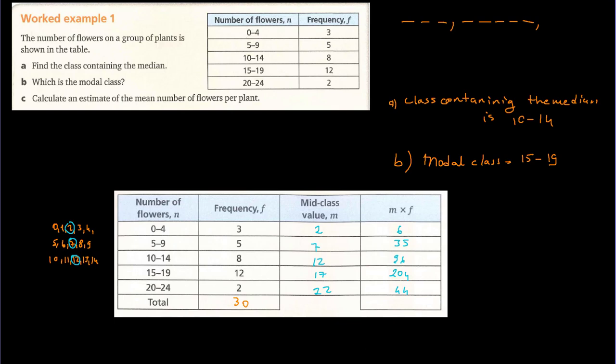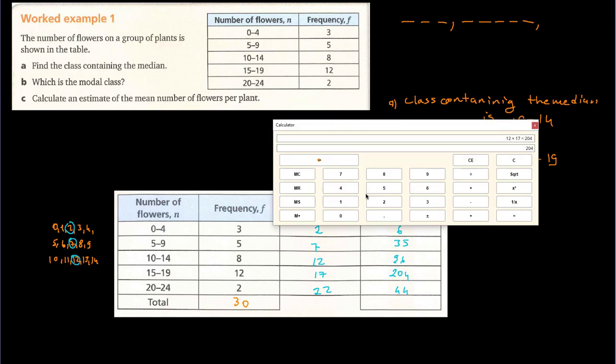When you add them up, 6 plus 35 plus 96 plus 204 plus 44, it means there are 385 flowers. This is an approximate number. By the way, I forgot to tell that.